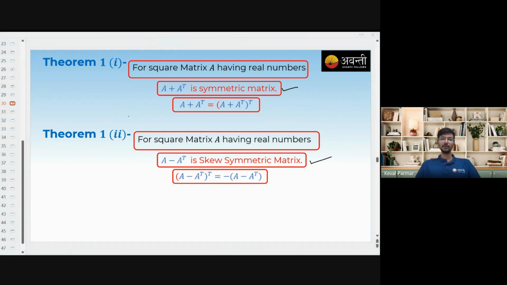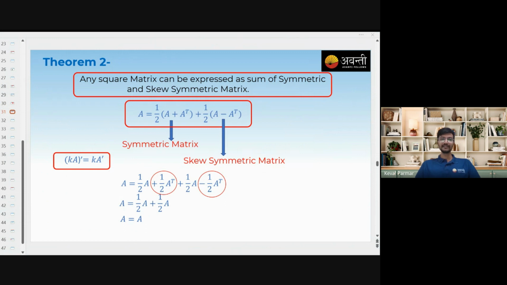So that means I can write the matrix A as the sum of a symmetric and a skew symmetric matrix. Correct? This comes in very handy when we are doing MCQs.